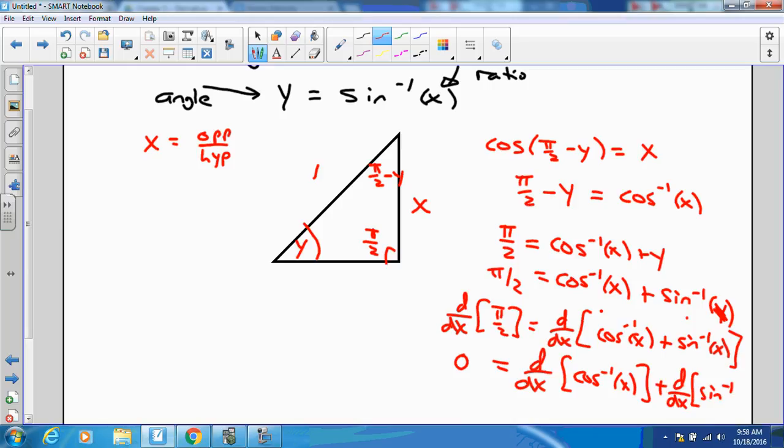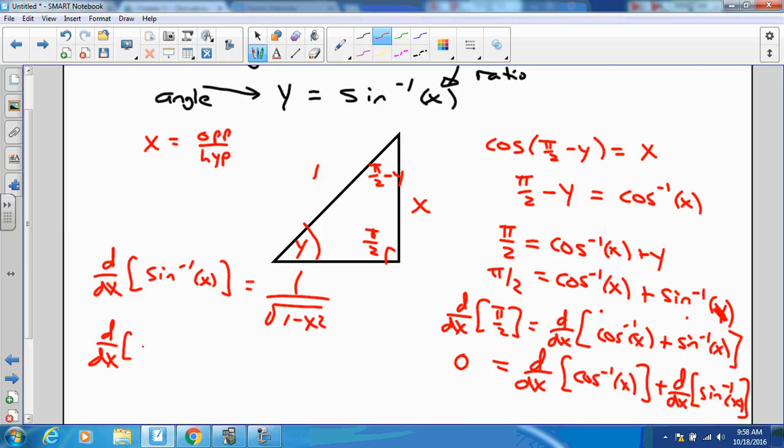And on this side, what I find out is that the derivatives of inverse sine and inverse cosine must be opposites of each other, because the two angles add up to a constant. In other words, specifically, d dx of inverse sine, we already know, is 1 over root 1 minus x squared. d dx of inverse cosine is the opposite of that.